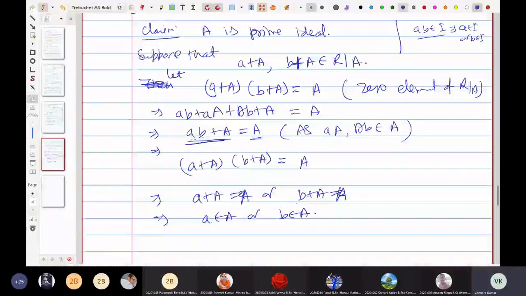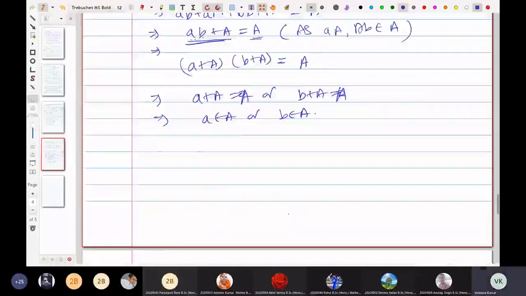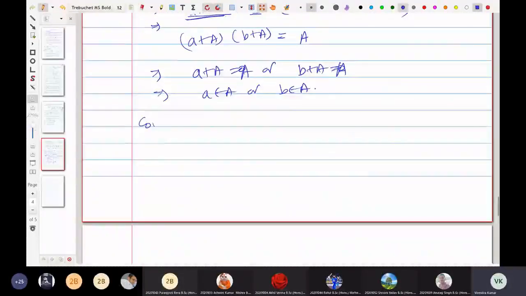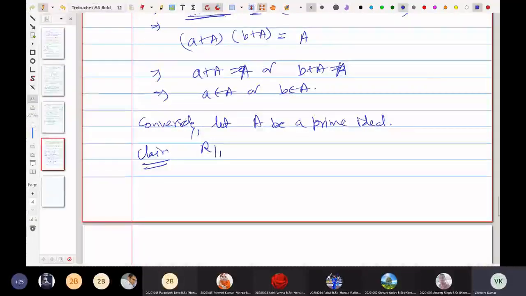The converse part is that if we consider conversely, let A be a prime ideal. Then we need to claim that R/A is an integral domain.